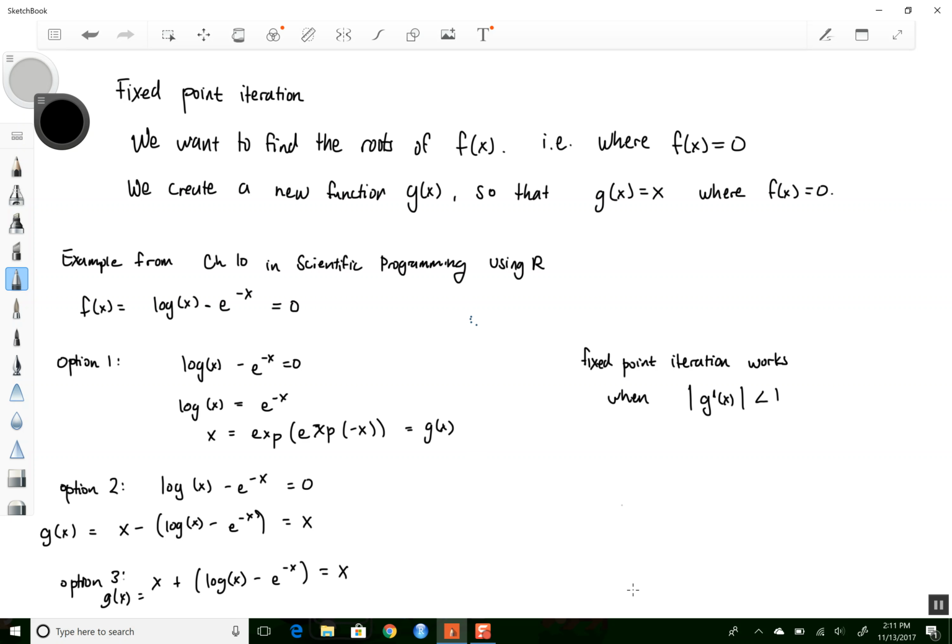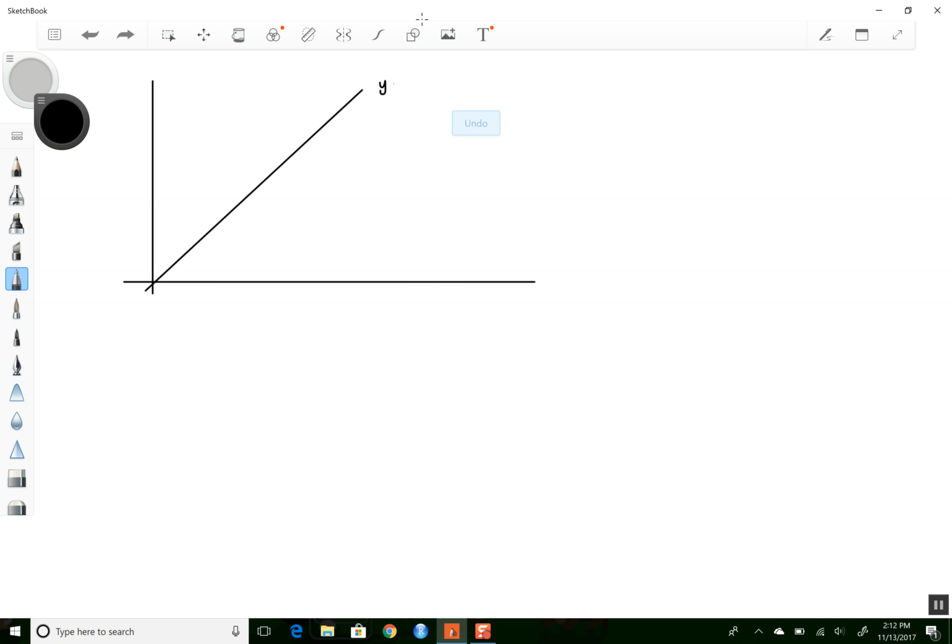Okay, and then what does this look like when we diagram this out? Let's say we've got here the line y equals x, and then let's say we have some function.